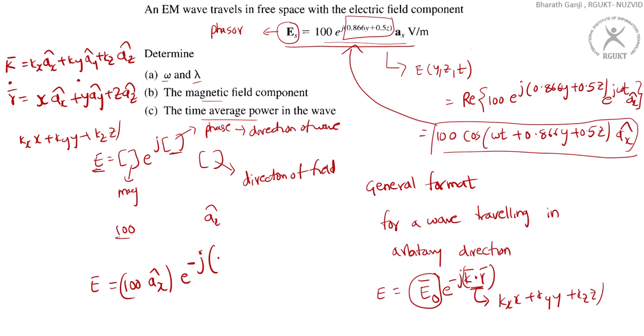So what kind of similarity can I see from this expression? I can write the same format as minus j times of 0 times of x, minus 0.866 times y, minus 0.5 times of z.